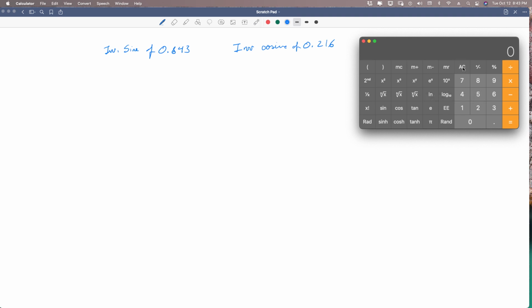So clear this, and we're going to do 0.643, and then we're going to tap inverse sine equals, and that is not right. So let me clear that.